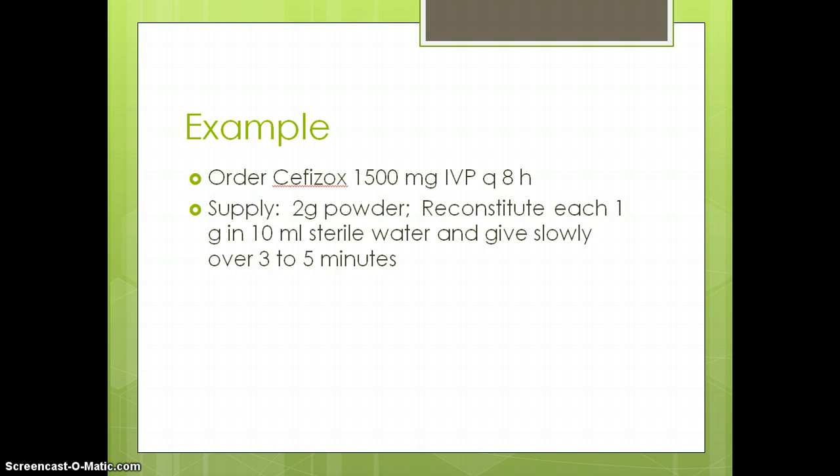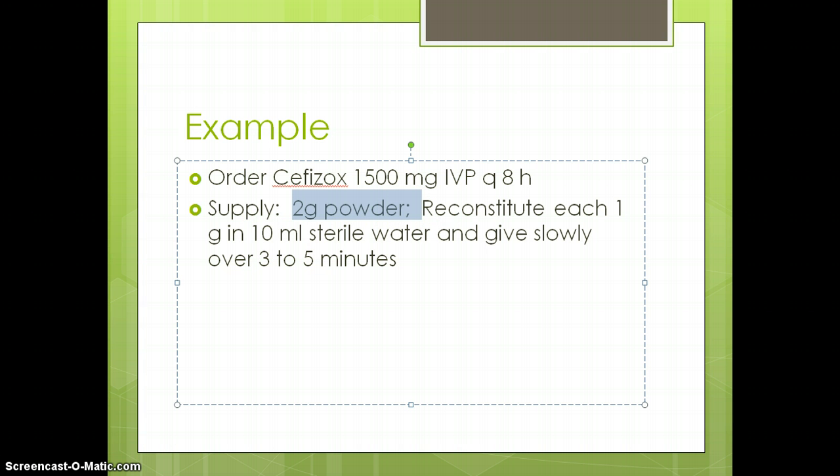Here's another example. The order is for 1,500 milligrams. We have it supplied in 2-gram powder, which is 2,000 milligrams.